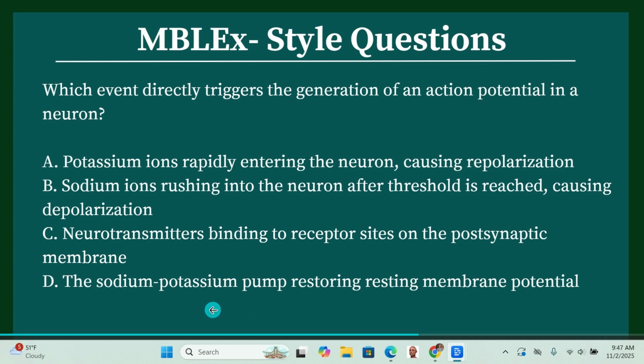The sodium-potassium pump is something that exists, and it does restore resting membrane potential, but it's not part of the action potential mechanism. So I'm going to go with sodium ions rushing into the neuron because a channel was opened.